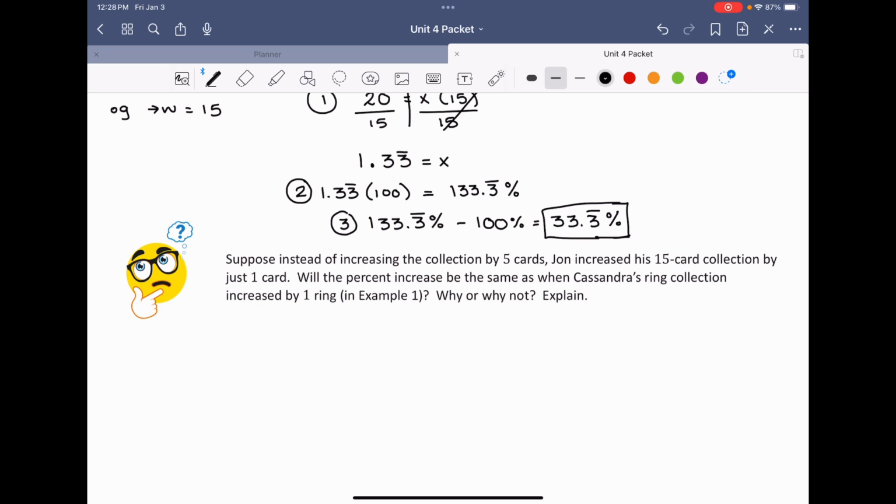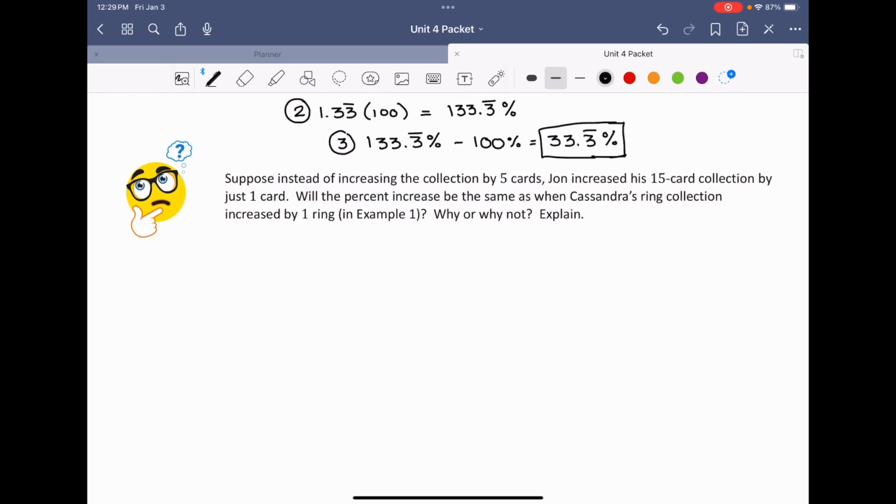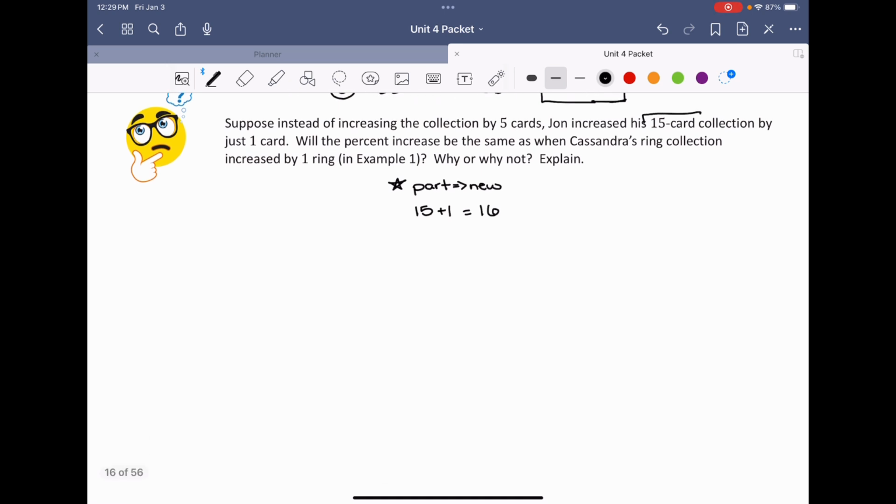All right, so let's solve this first. So remember, we are increasing our amount by 1 card. So we have 15 plus 1 this time, so our part is going to be 16. And it's still a 15 card collection, and we want the percent increase.